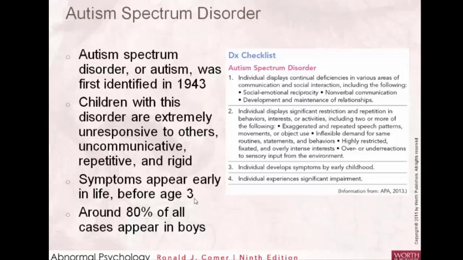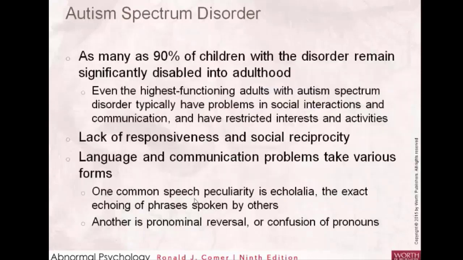Around 80% of all cases appear in boys. As I said, there is that potential chromosomal issue that could be causing that, the XY in males versus the XX in females. And there are a lot of different potential causes for autism that still need to be researched.